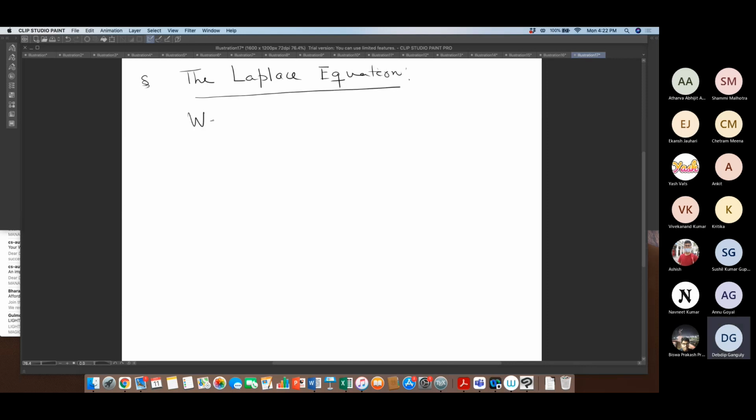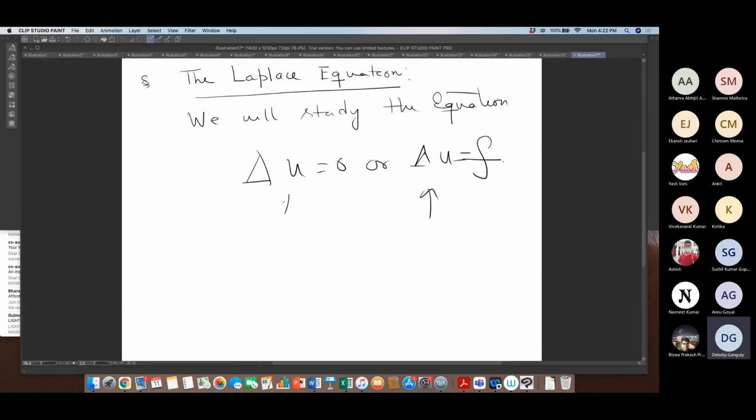That means we will study the equation Laplacian of u equal to 0, or now I will study Laplacian of u equal to f. This is called harmonic functions. When f is non-zero, Laplacian of u equal to f, for a given f we want to solve it, and this is called the Poisson equation.